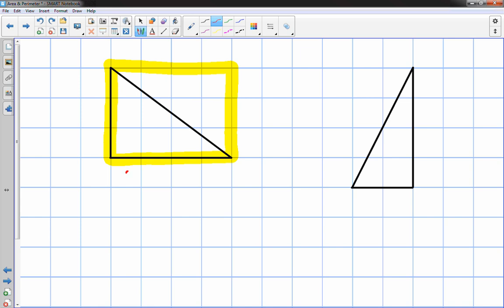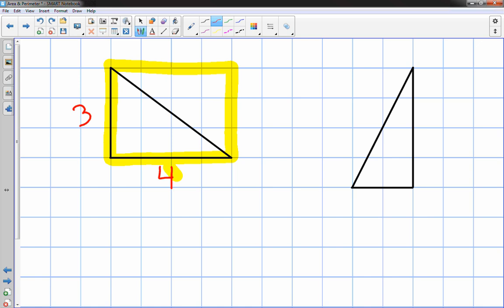So let's see, 1, 2, 3, 4. So it has a base or a length of 4. And it has a height of 3. So when I multiply those, I'm going to get 12 squares inside that rectangle that's highlighted. But I don't want the rectangle.